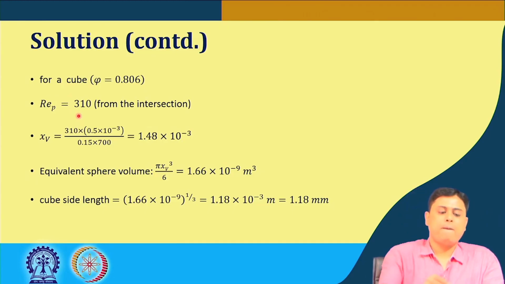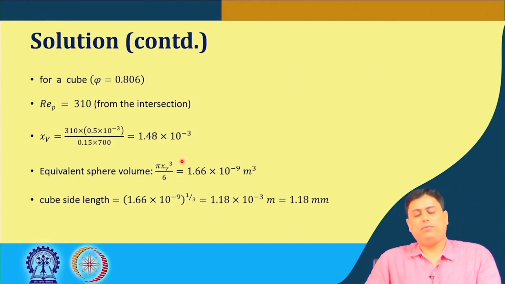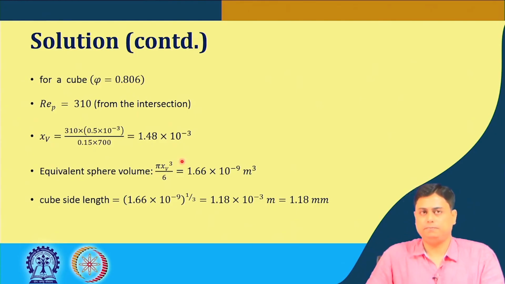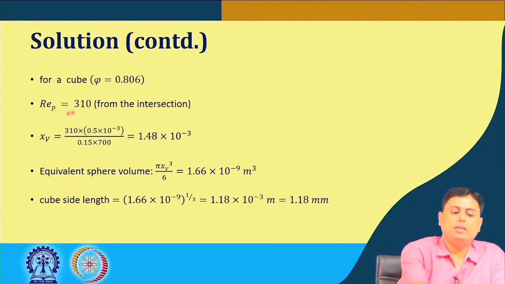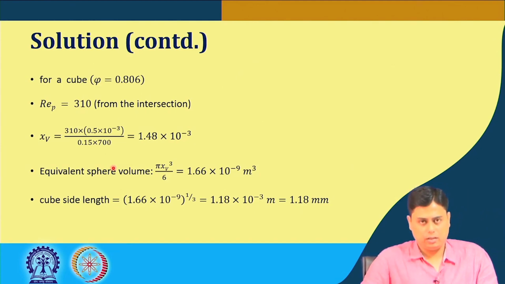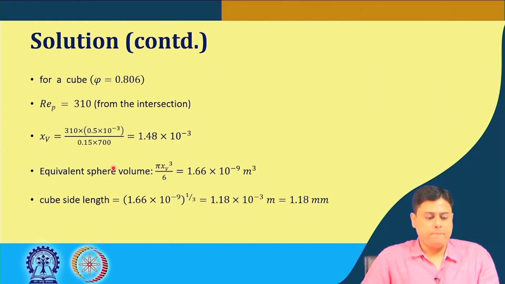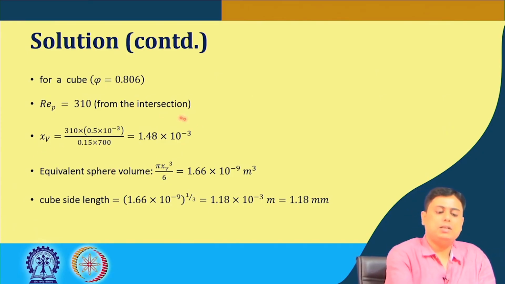If that is the case, we get the volume equivalent diameter of a sphere. This value is for the equivalent spherical object, having a sphericity of 0.806, that is settling at the same rate. So, for this diameter spherical particle, the equivalent sphere volume is this value.